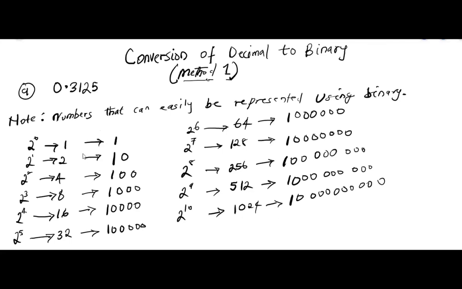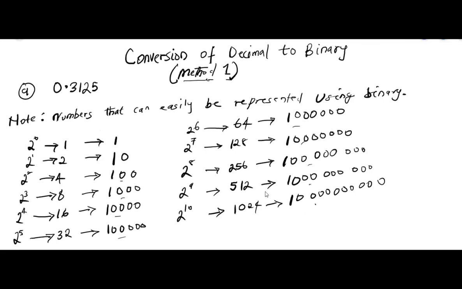So with this, you can solve any question as simple as possible, because if you have 4, you can easily know that 4 is 100, 8 is 1000, 16 is 10,000, 32 is 100,000, 64 is 1 million, 128 is 10 million, 256 is 100 million, 512 is just 1 billion, then 1024 is 10 billion.